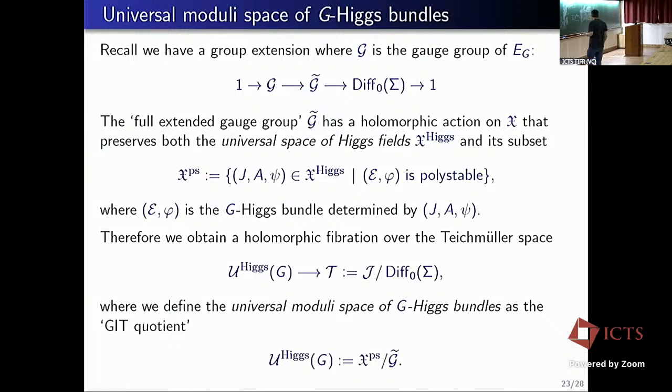So here is the proposal for the Higgs bundle moduli space: pairs of complex structures and unitary connections and these one forms for which the associated Higgs bundle is polystable, modulo this large, or in some sense complex, even though this is not any complexification of anything, but we can call it anyway, complex extended gauge group.